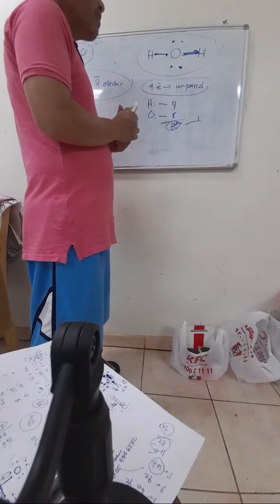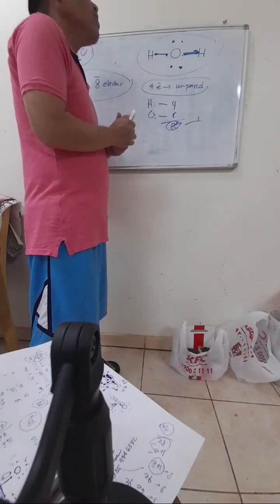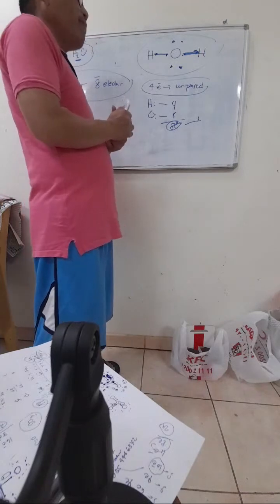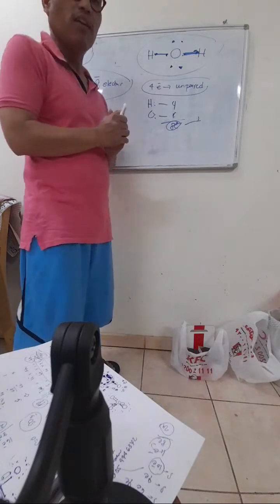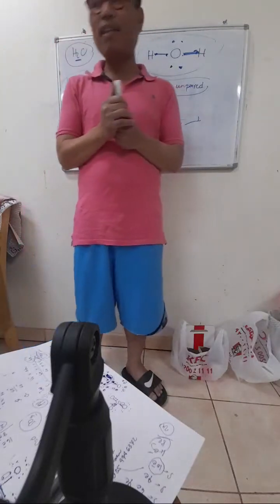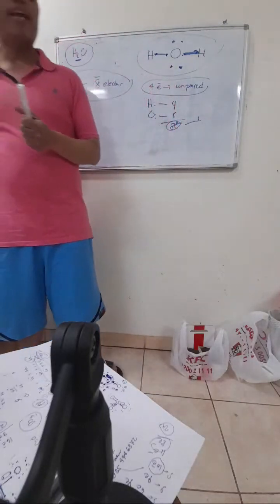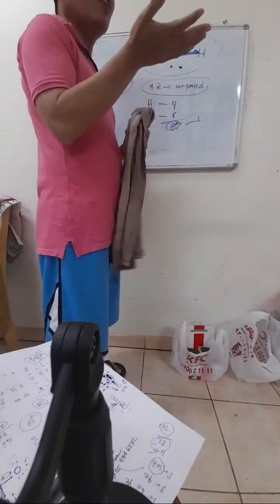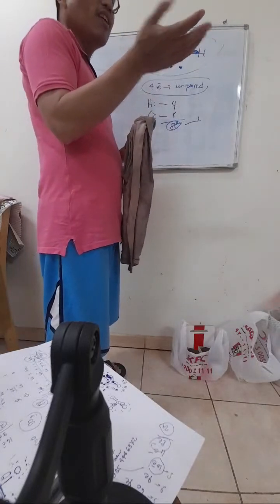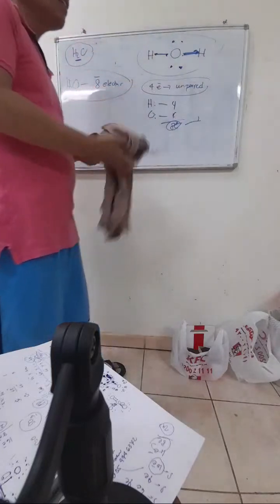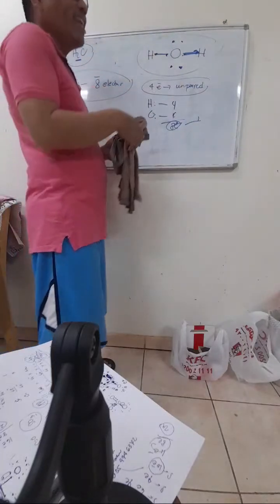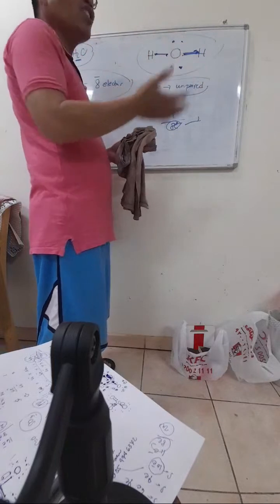There are excess or unpaired electrons. So this is polar covalent bonding. And now our theory arrives. Polar covalent bonding is a chemical bonding that has excess unshared electrons.